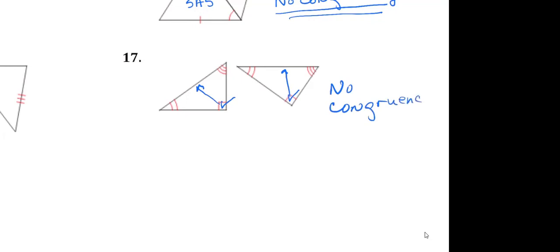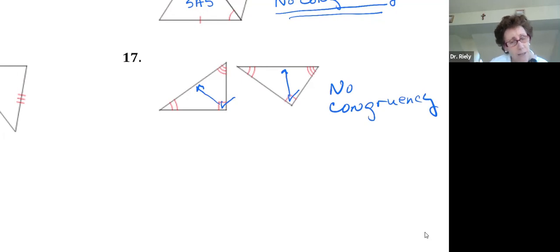Okay, I like that you grabbed HL, because I would have done the same thing. I would have said, okay, it's a right angle, let me see if I can get HL. But then I look at it and realize I only have angles marked and absolutely no sides marked.